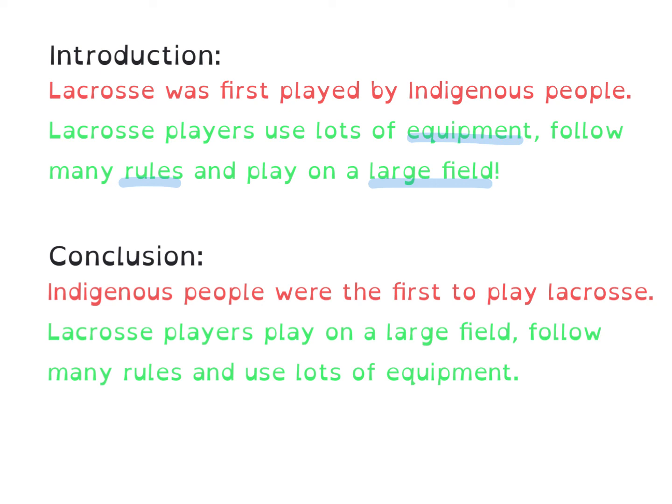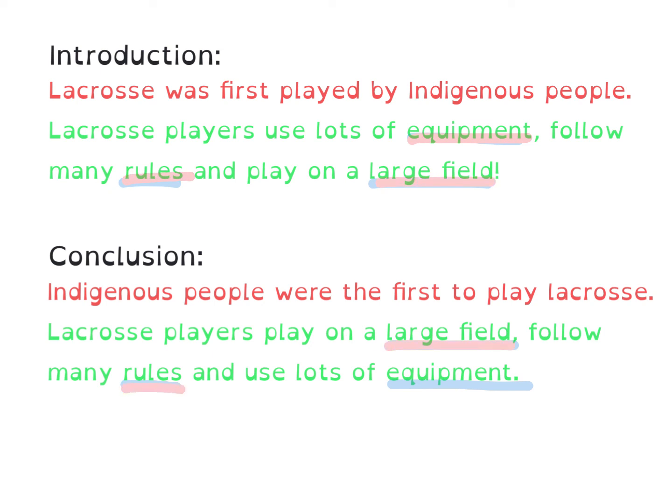In our conclusion, we said the same three main ideas, but we just restated it in a different order. Lacrosse players play on a large field, follow many rules, and use lots of equipment. So you'll see that we still have our three ideas of equipment, rules, and large field, but just in a different order.